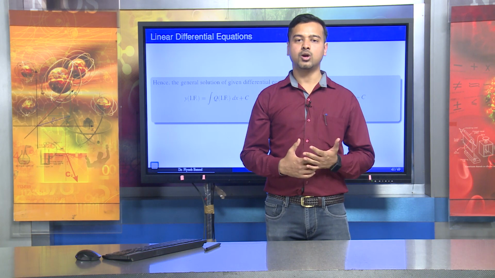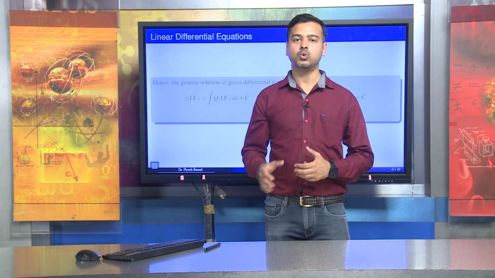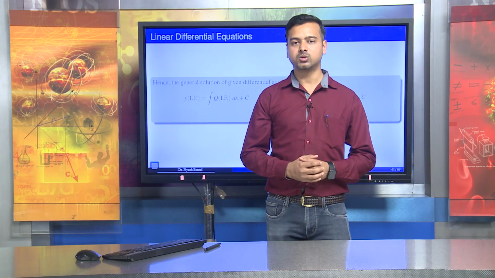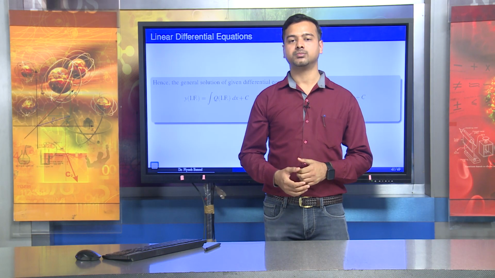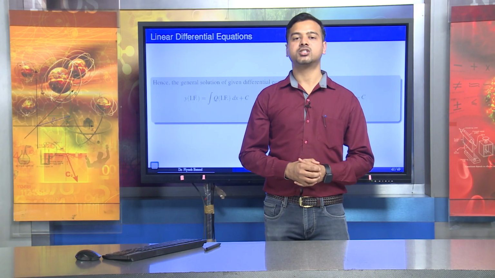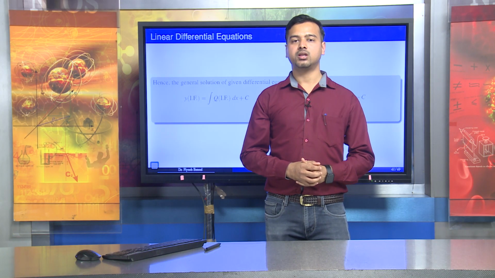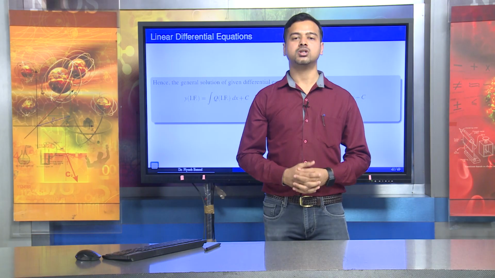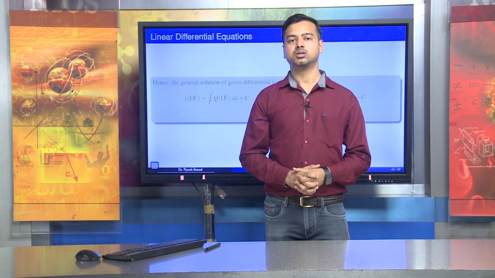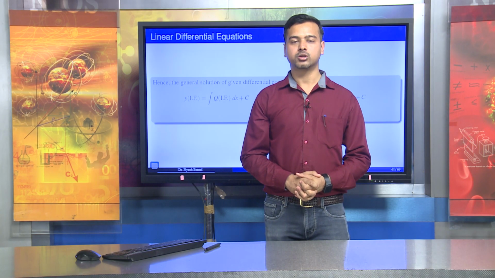The other way around, the differential equation is given to us and we are supposed to find the solution curves. Depending on what type of differential equation it is, we can apply that procedure and find the solution curves involved, general solution or particular solution.